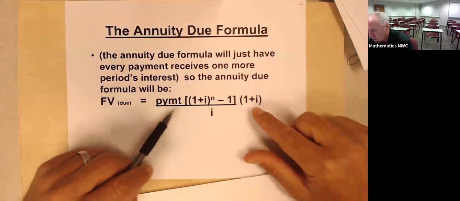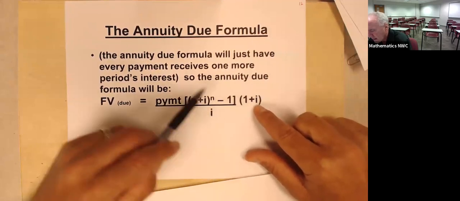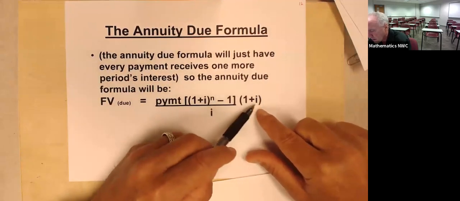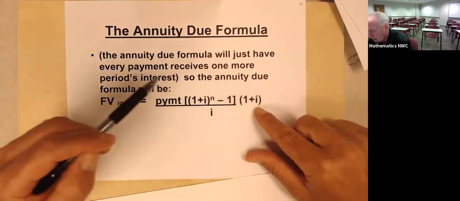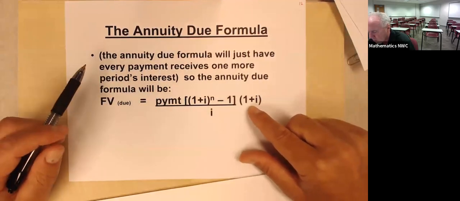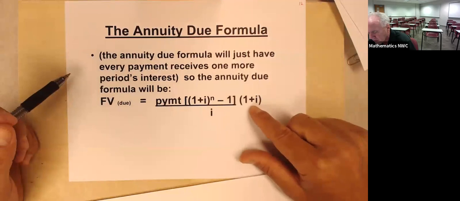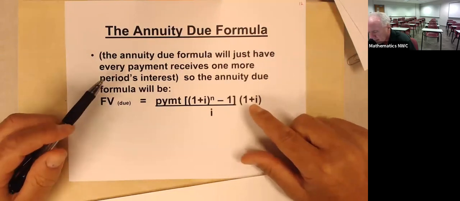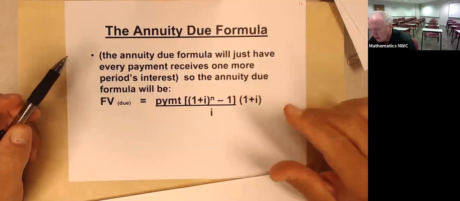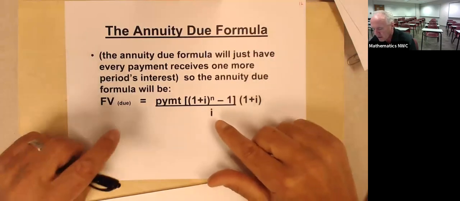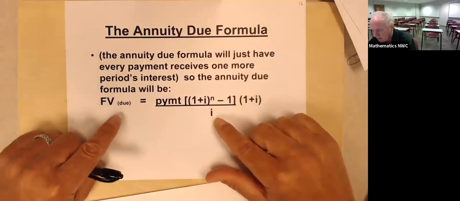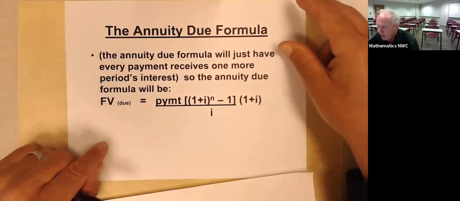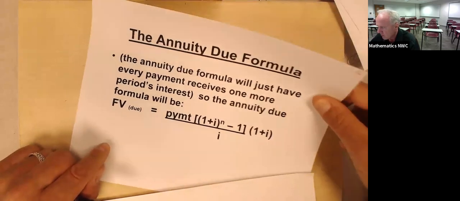So you'll notice the two formulas, the only difference is the annuity due has this expression right here being multiplied. It's because we have one more additional month of interest. That refers to an annuity due. Again, if you need to pause for this, go ahead and pause, but make sure you have these two formulas copied down. And now we'll take a bunch of examples.